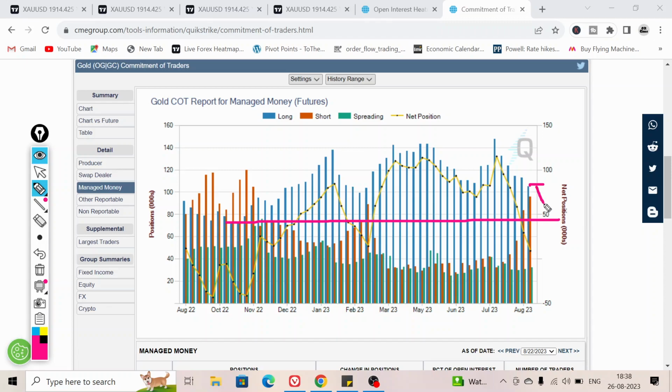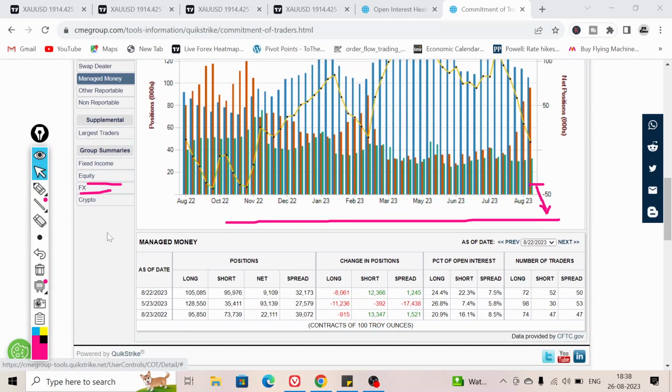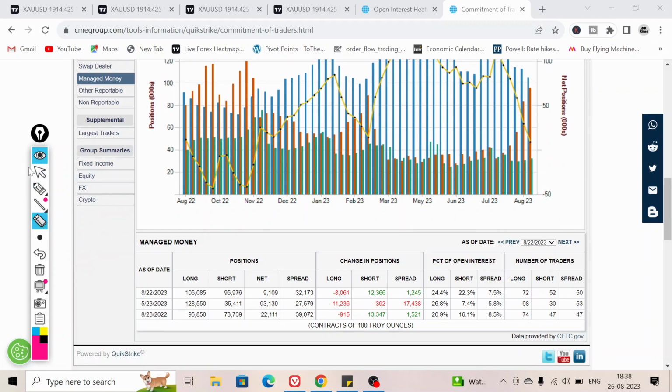So yes, some down move as per the yearly range is still possible, and we can expect further decline in the positions of the smart players or the managed money. But for the current week, the positions are in favor of bears because they are not adding to the longs, and they are still covering their long positions.